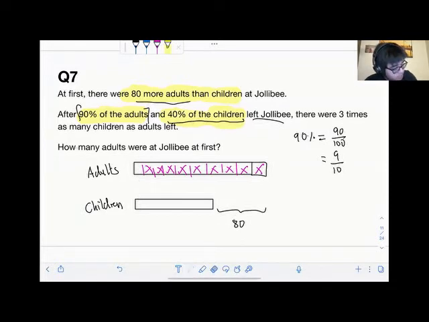So tingnan po natin muna yung susunod na information. Afterwards, there were 3 times as many children as adults left. Yung natirang adults dito sa taas, 1 box. No? So siguro yung natirang children ay mare-represent natin ng 3 box na kasing laki sa isang box ni adults. 1, 2, 3.